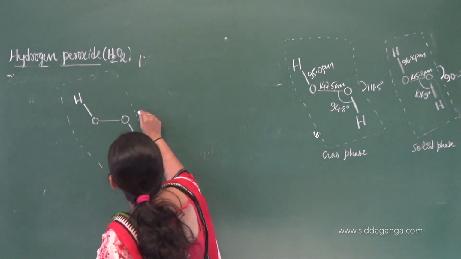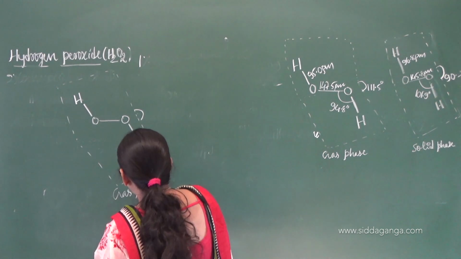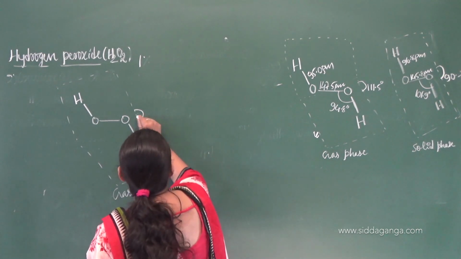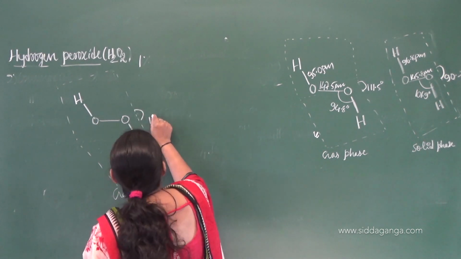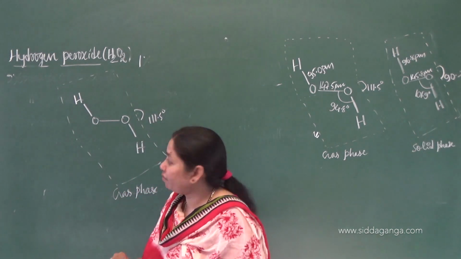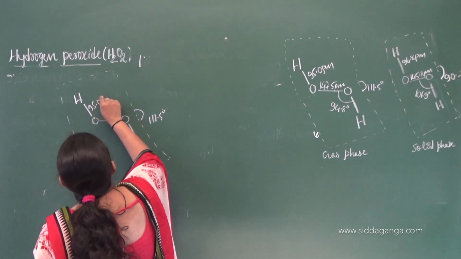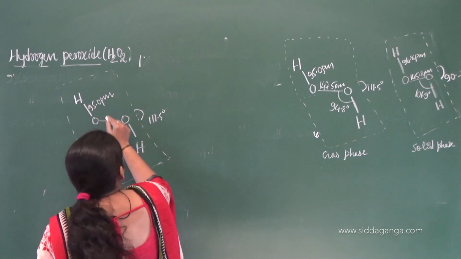And then this angle. If I write this for the gaseous phase, this dihedral angle will be 111.5 degrees, and then this one is 95.0 picometer, the length of this OH bond.